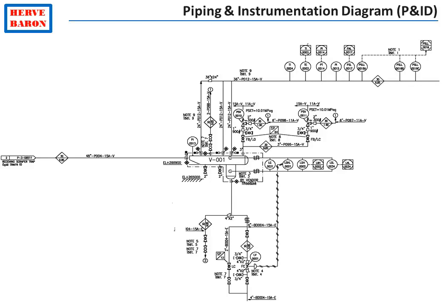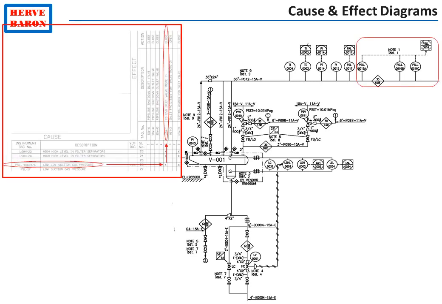This system is designed to bring the process in a safe condition upon deviation of process parameters outside their normal operating range. The logic of operation of the process and emergency shutdown system is shown on the cause and effect diagrams.